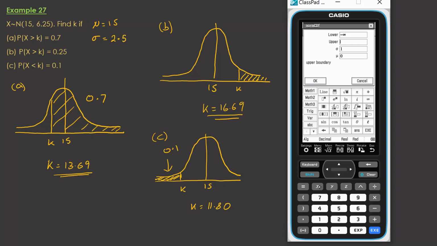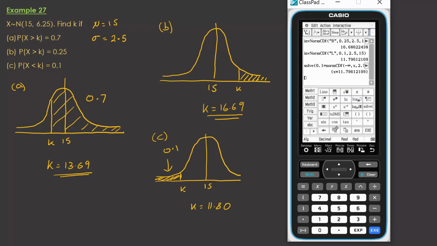The upper we don't know, so let's call it x. The sigma was 2.5 and the mu was 15. And we click OK on that, it gives us the same answer, 11.80. So we can do it with a solve as well.